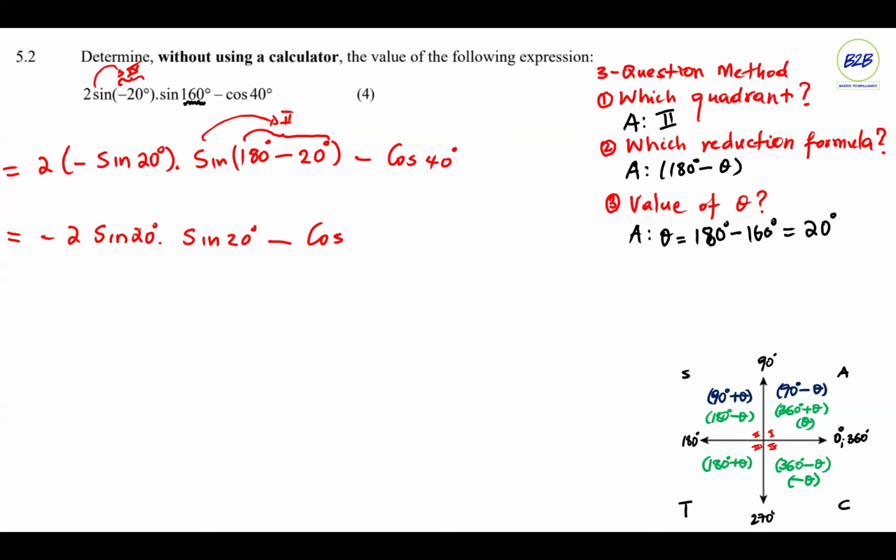And by looking at the trigonometric ratios in the first term, we can identify that there are similarities there. The first angle is 20 degrees. The second angle is 20 degrees as well. So it might be a good idea to change that 40 degrees and express it as 20. And that sounds like a good idea.